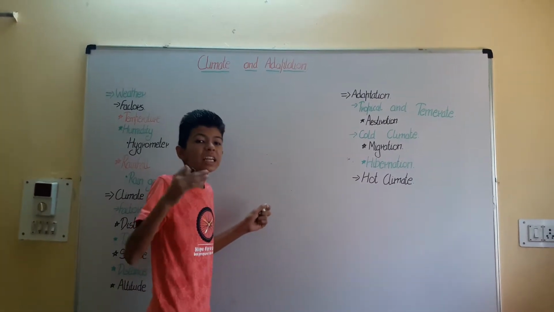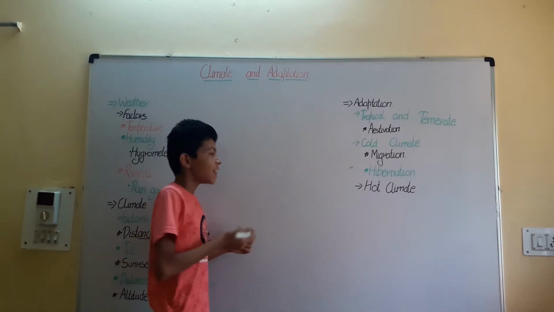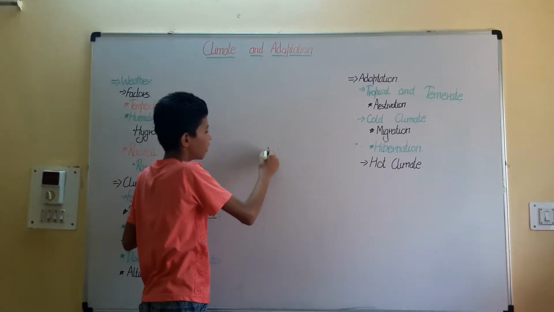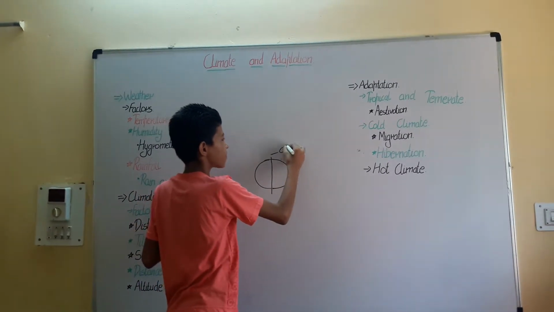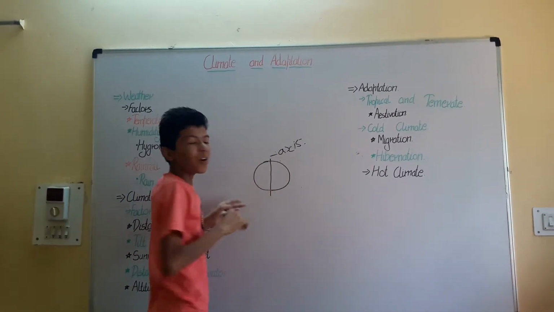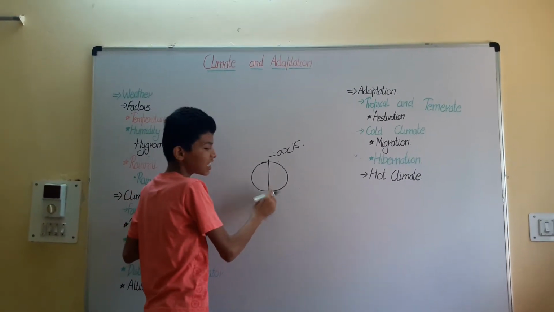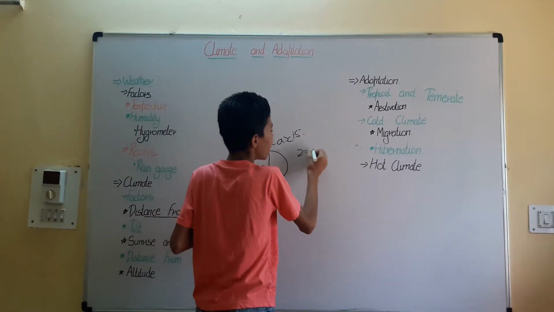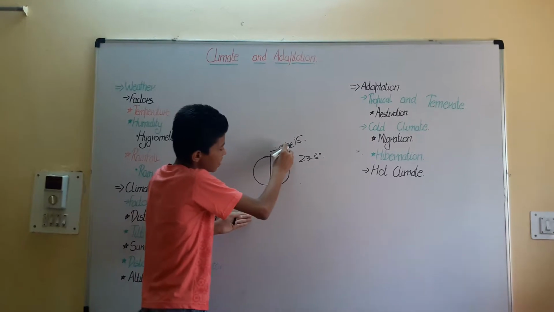This is because the earth has its axis tilted. It is not perpendicular, not straight, but tilted by about 23.5 degrees.